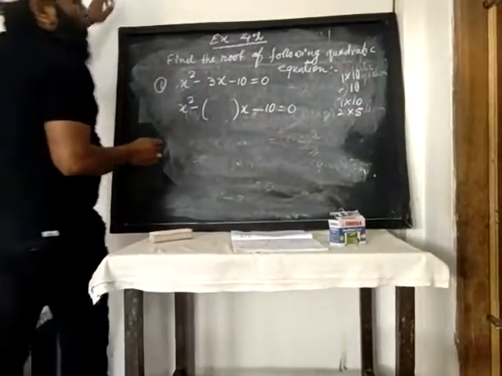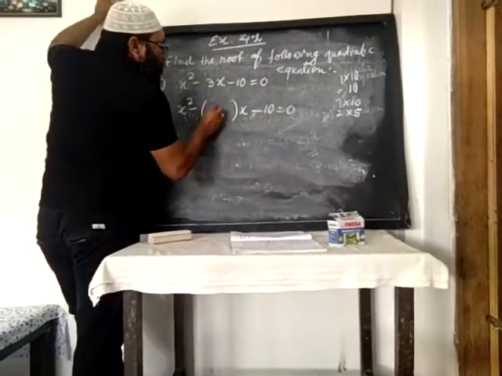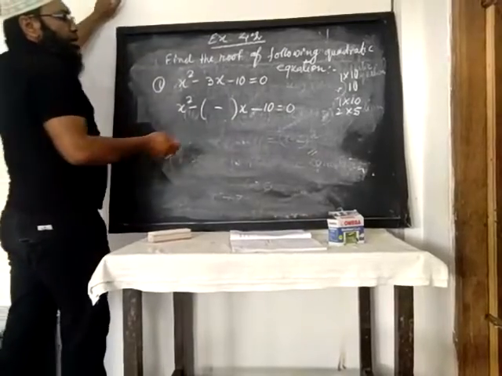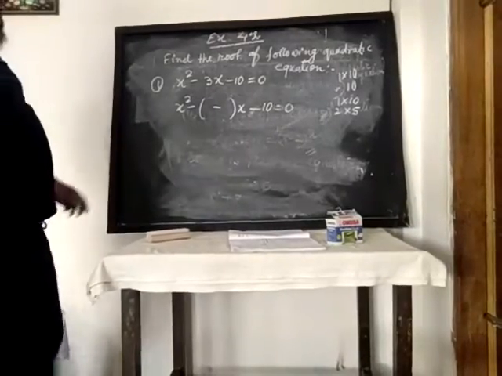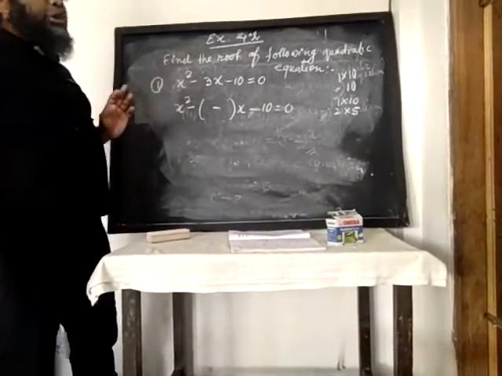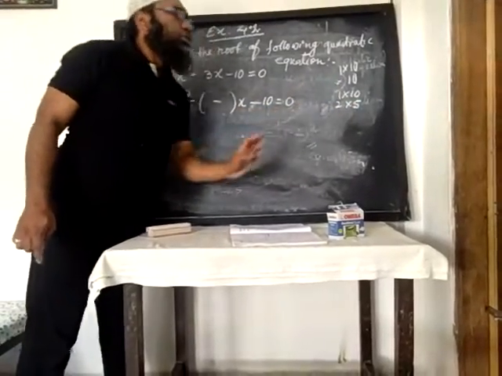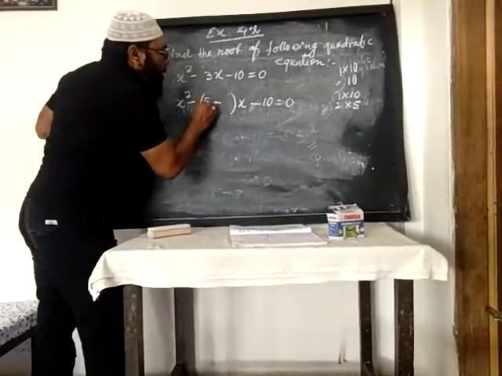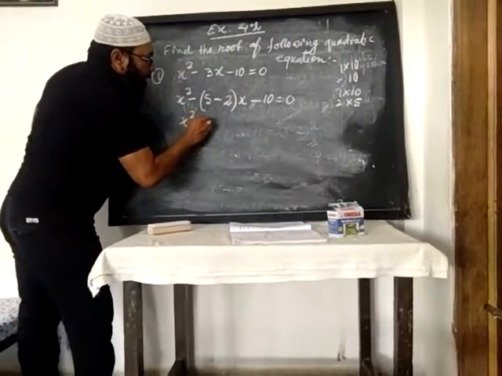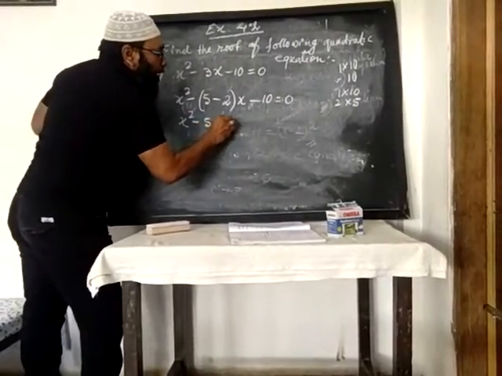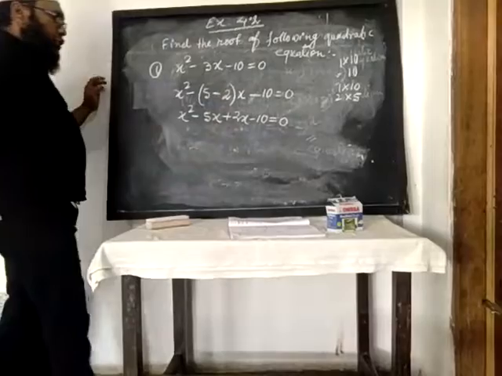Here the sign against the constant term is minus, so put minus here. If it were a plus, we would put plus. Now which two numbers, subtracted from each other, give 3? 10 minus 1 gives 9. 5 minus 2 gives 3. So x squared minus 5x plus 2x minus 10 equals 0.